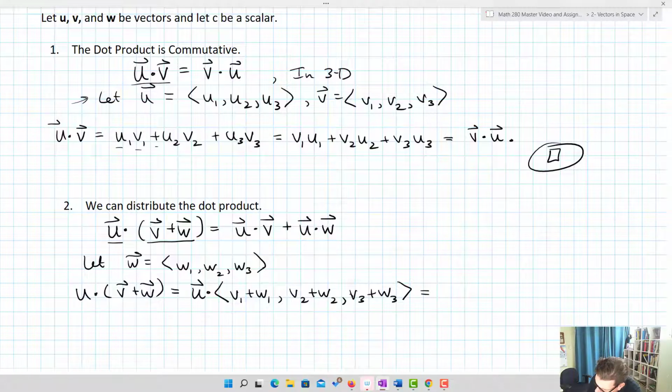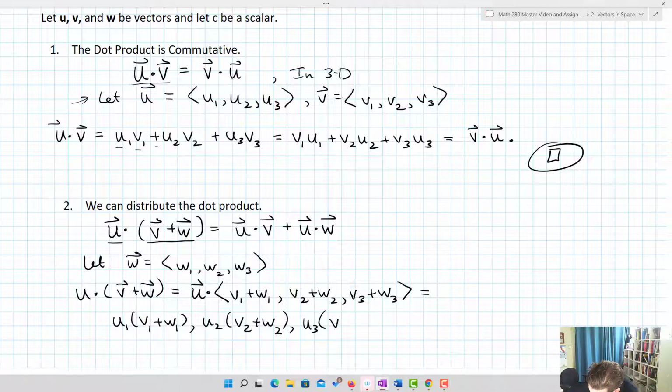Then when we dot u with that value, we end up with u1 times v1 plus w1, comma, u2 times v2 plus w2, comma, u3 times v3 plus w3. That's us taking the dot product.